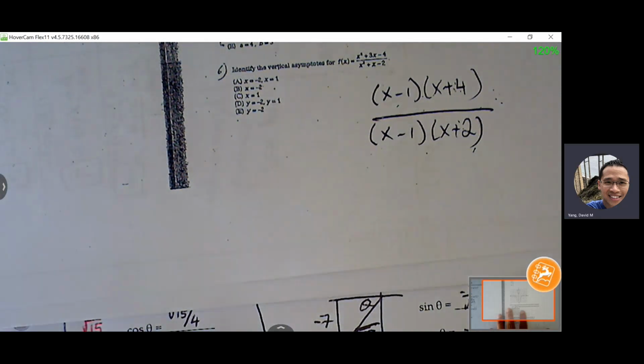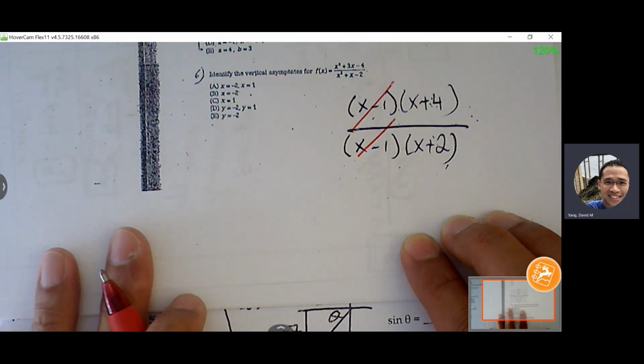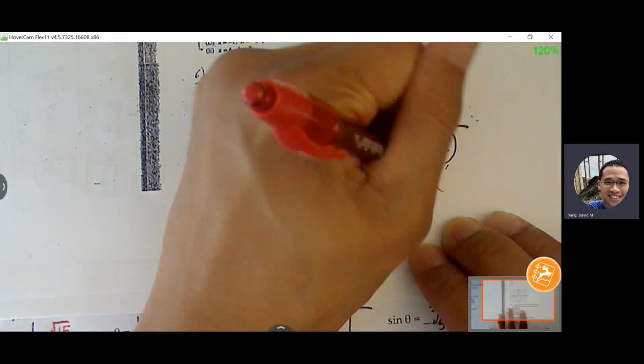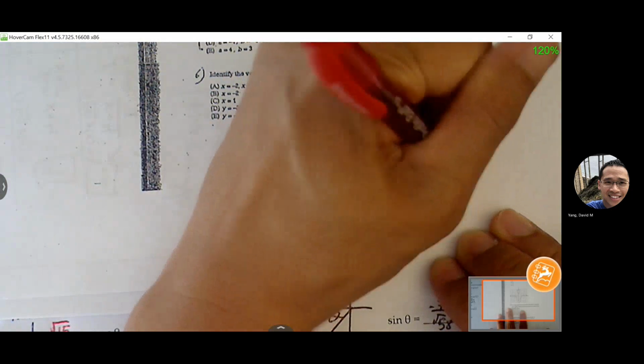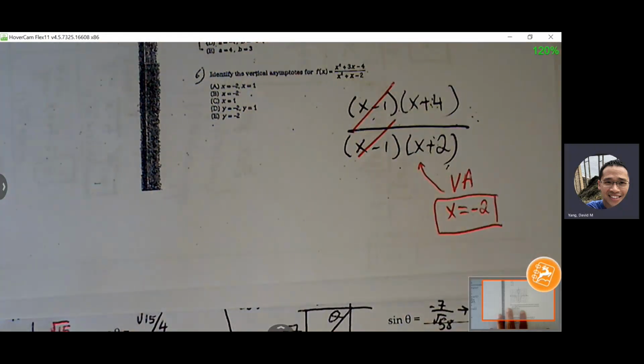You know, the x minus 1 is going to be related to holes. So what's our vertical asymptote? Set that factor equal to 0. Solve for x. X is negative 2.